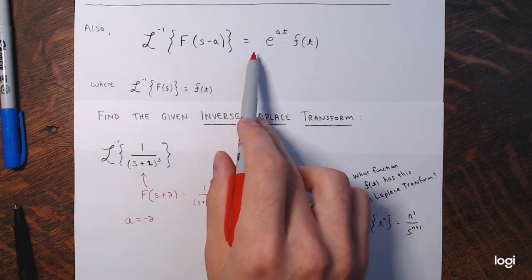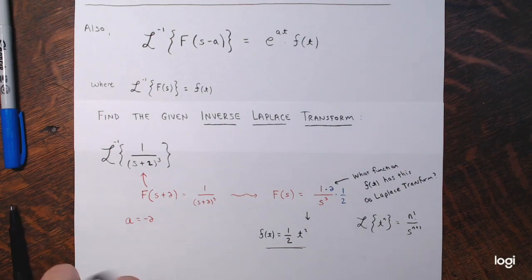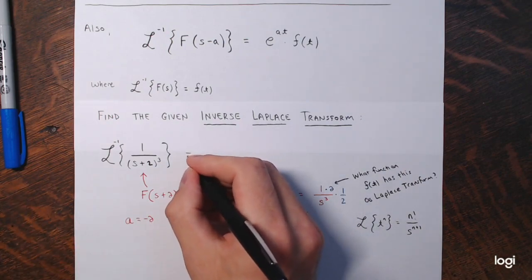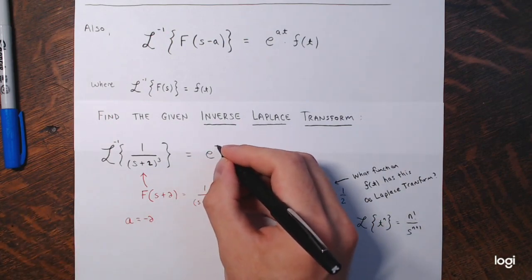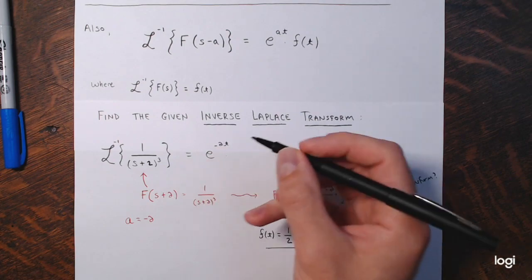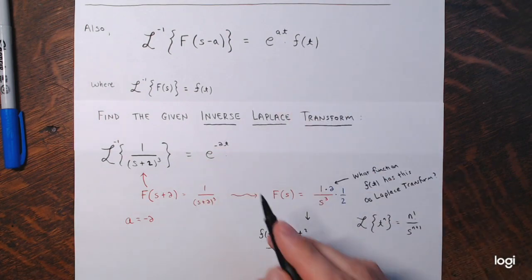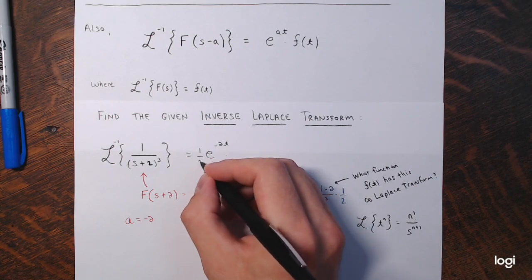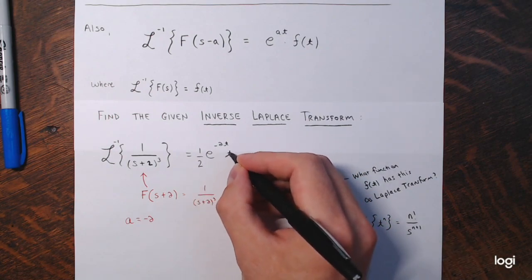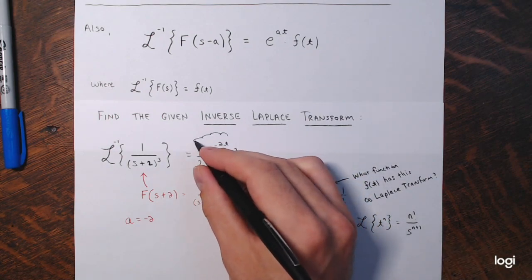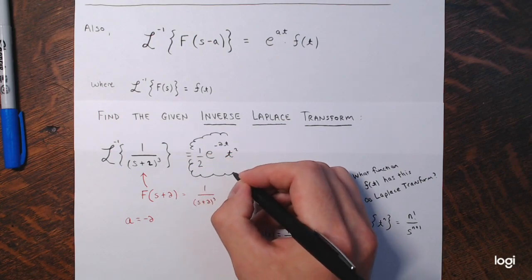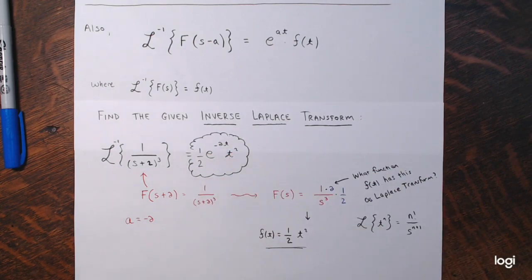And so the resulting function must be e to the negative 2t times f of t, which we found to be half t squared. So I'll pull the half out front, times t squared. So here it is. The inverse Laplace transform of 1 over s plus 2 cubed is half e to the negative 2t times t squared.